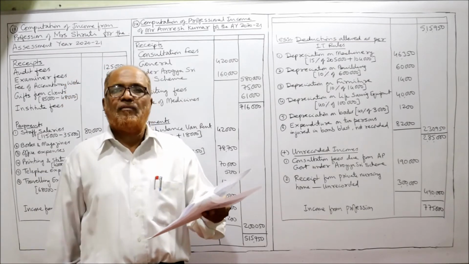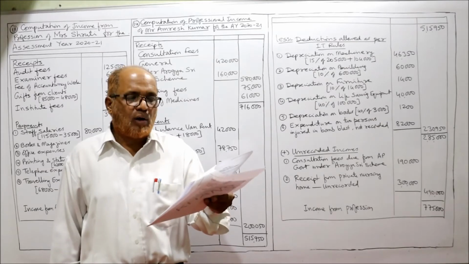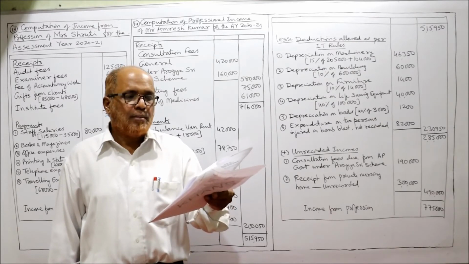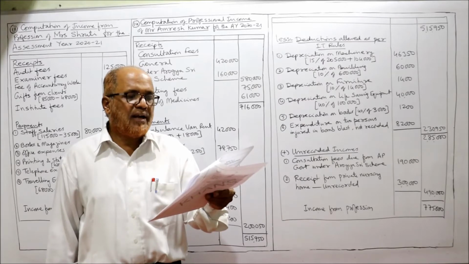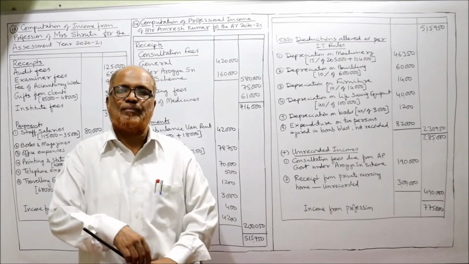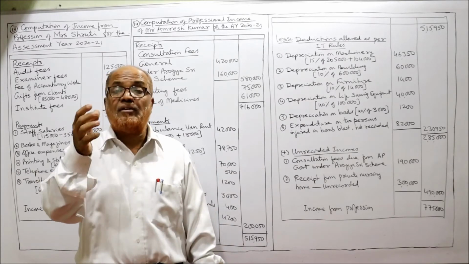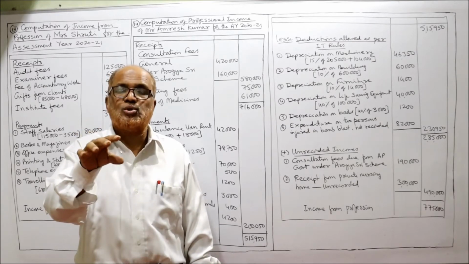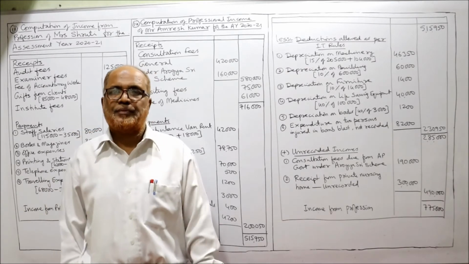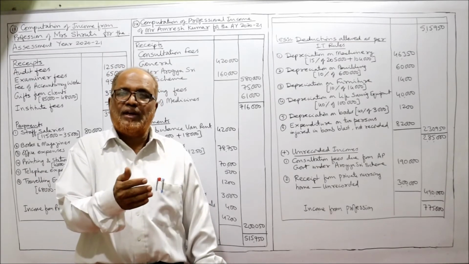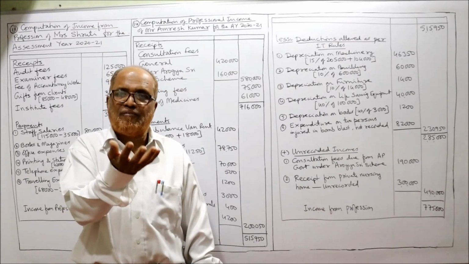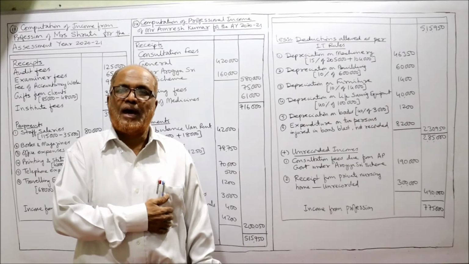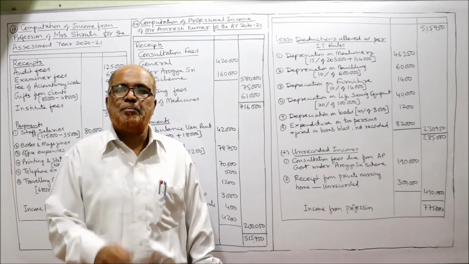Second, at the beginning of the year, the WDV, written down value of assets: machinery 2,05,000, building 6 lakh, furniture 14,000. The Income Tax Act gives depreciation on assets which are used in business or profession. So here at the beginning of the year, machinery, building and furniture are there, and these assets are used in the profession.